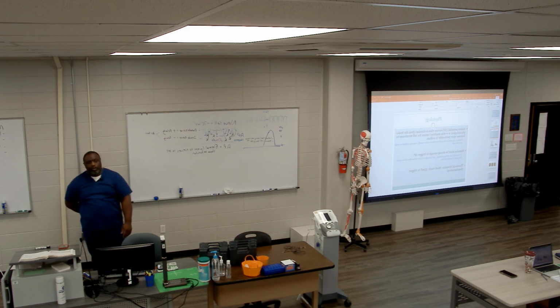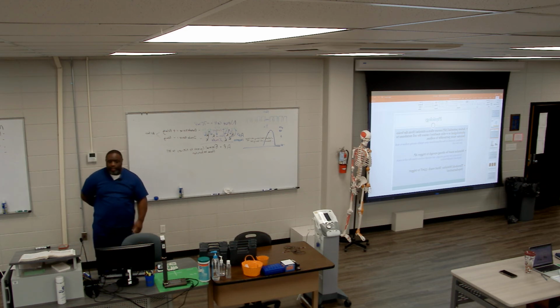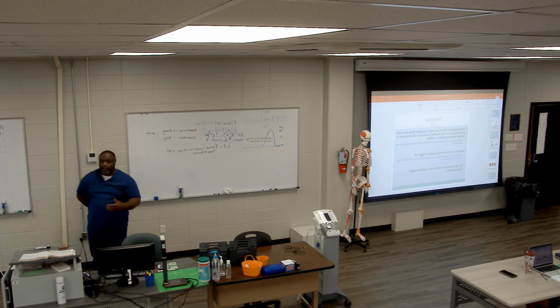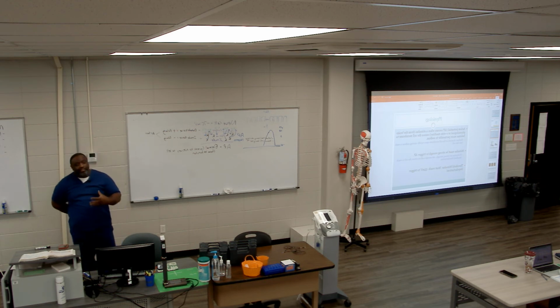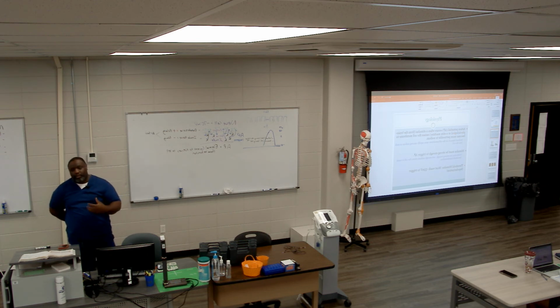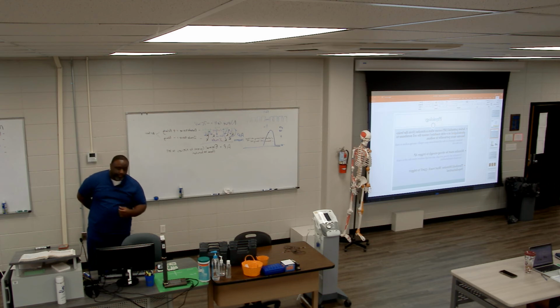So that's the goal. If we want our nerve cell to communicate the information of what we're trying to do appropriately, we need an action potential to occur to let the nerve cell know what it needs to do.